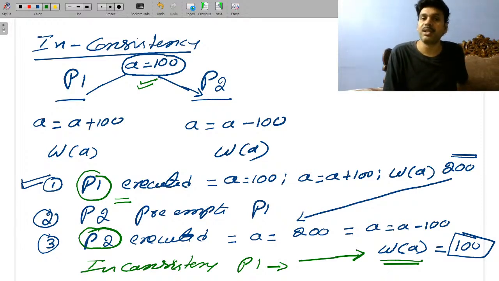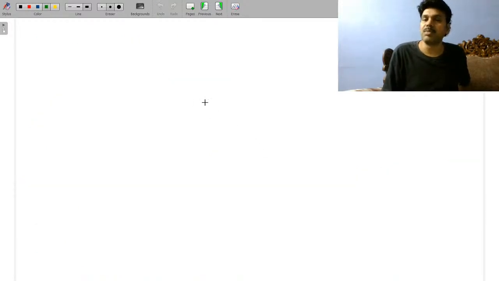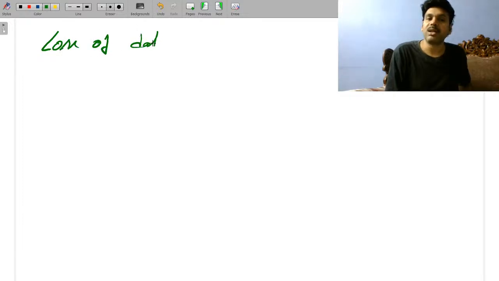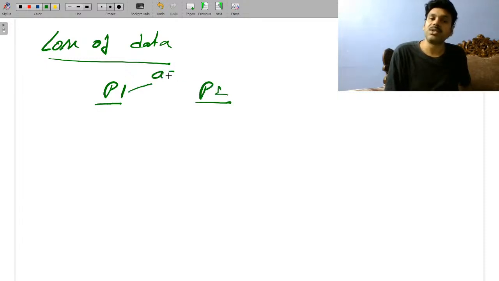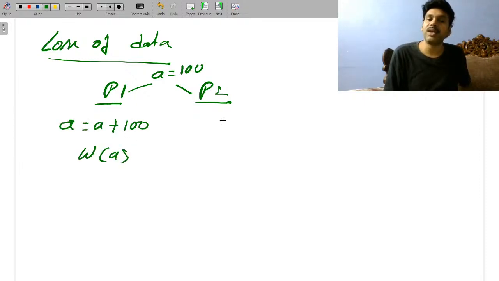Loss of data. The example can fit here too. What is the loss of data here? Please understand. There are two threads or two processes, and both are sharing A is equal to 100. Initially, as per the previous example, W of A, and the other one is doing a decrement and W of A. Let us execute this time.